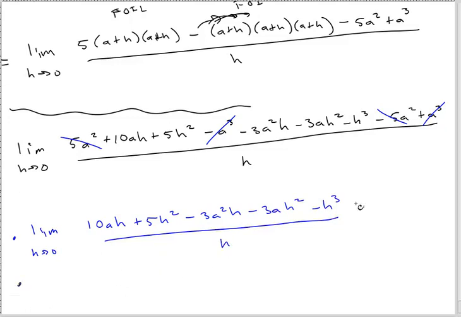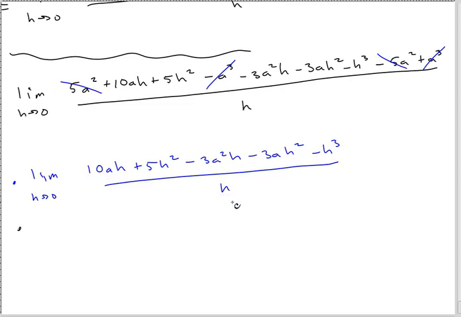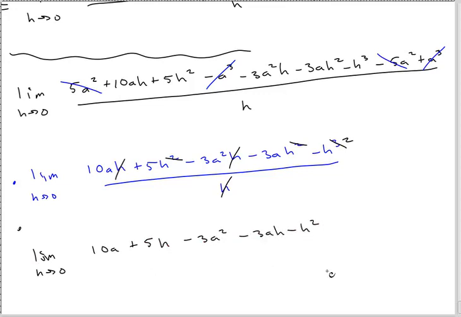They all have an h, so what you're going to do is cancel one h from everything in the top and the h in the bottom. So this h squared turns into h, and this h cubed turns into a square. That gives 10a plus 5h minus 3a squared minus 3ah minus h squared. And that's it. No divide by h anymore.